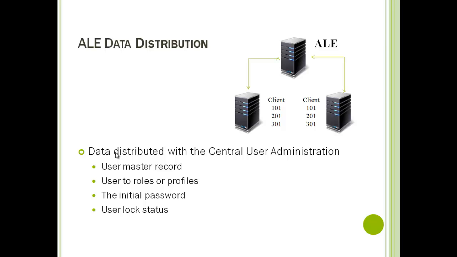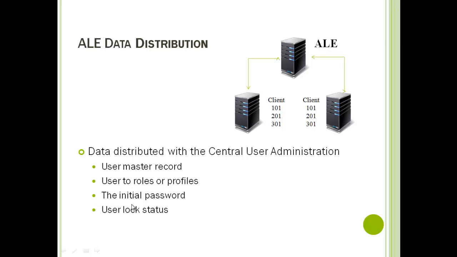The advantage of administrating and assigning centrally is that you no longer need to log on to each system in order to make a system-specific assignment of a role or a profile. It is managed in one central system, so you don't need to log into each system to manage each user or to assign each role.